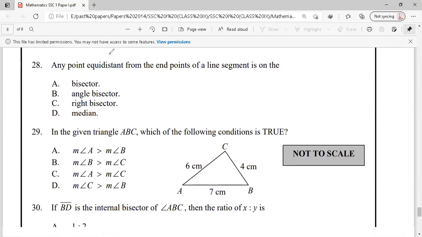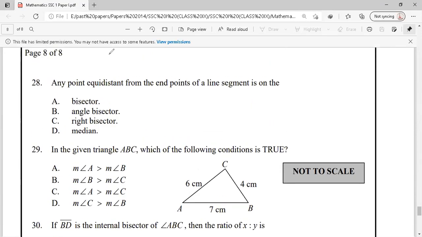Next, we have question number 28. A point equidistant from the endpoints of a line segment lies on the right bisector.